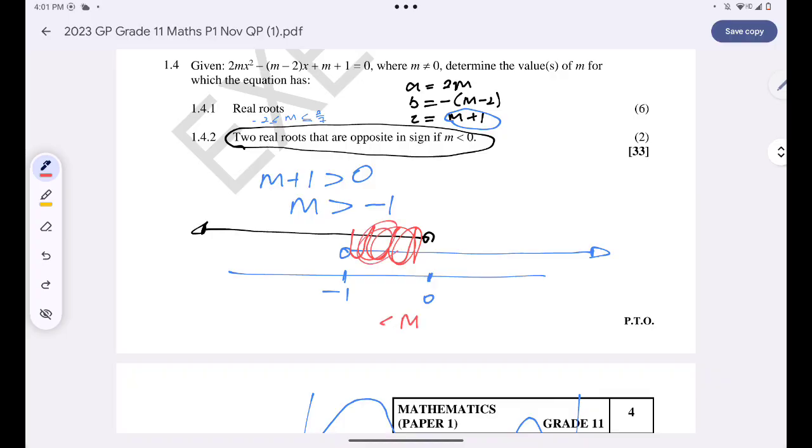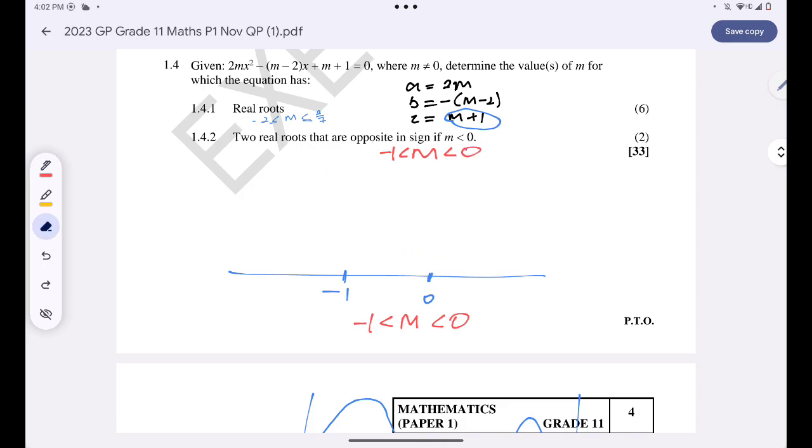So when m is between negative 1 and 0, that's when I have my two solutions overlapping one another. So whenever m is between negative 1 and 0, I will have two roots with opposing signs. Are you together? So the final answer here, m has to be a number which is between -1 and 0.